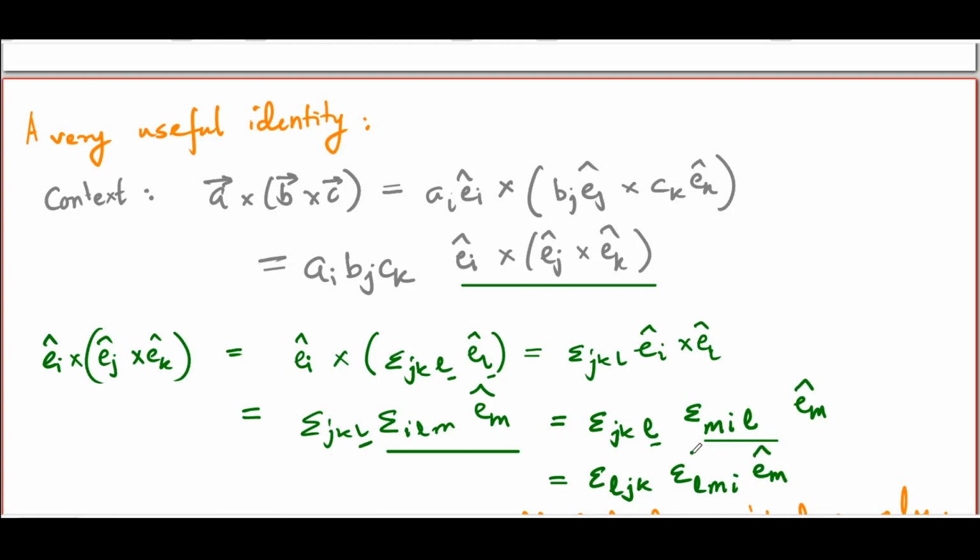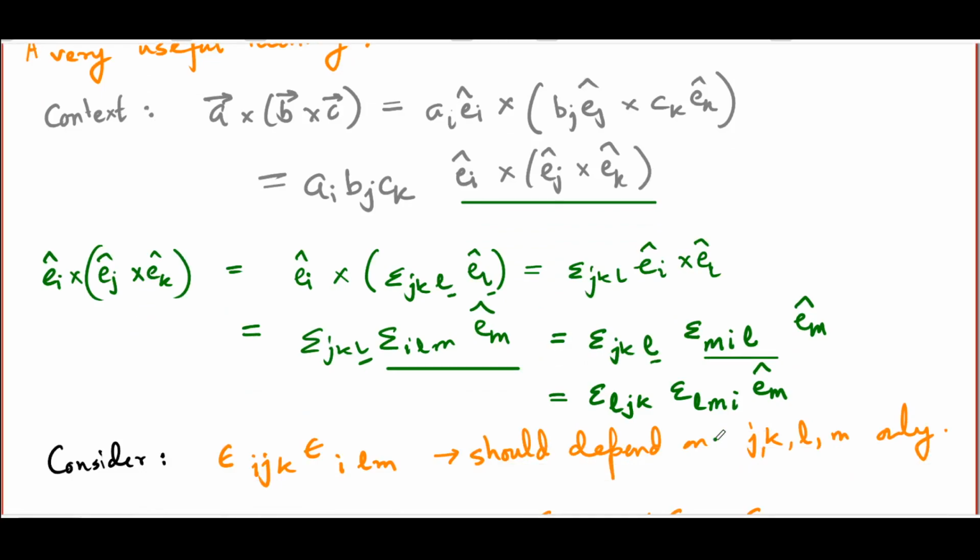That's also perfectly legitimate, and that would be equal to this expression. Once again, cyclically permuting JKL to get to LJK makes no change whatsoever. Similarly, MIL has been cyclically permuted to LMI.